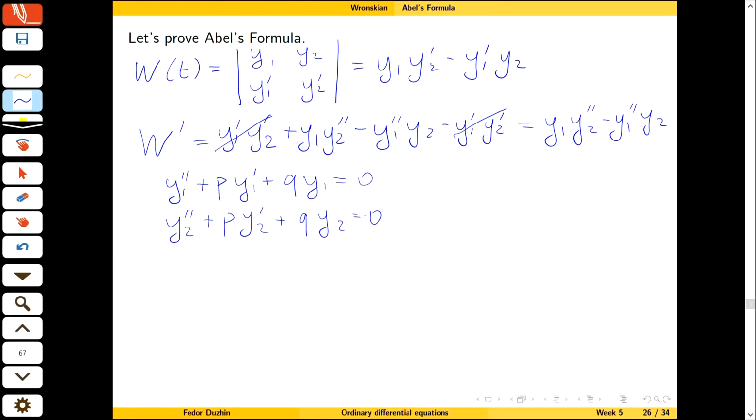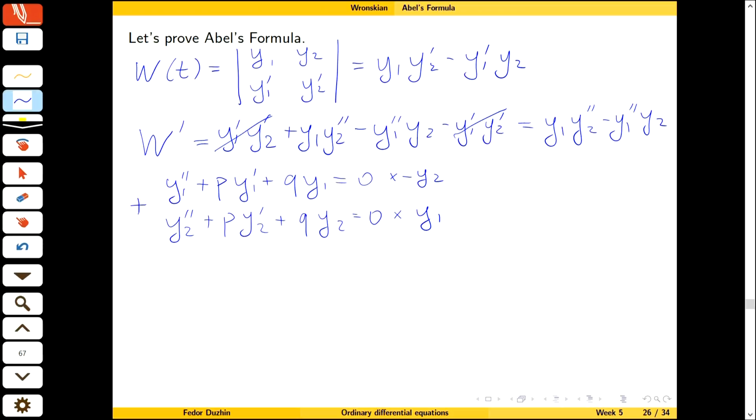Alright, and now we are going to apply a very clever trick. In order to eliminate the q terms from these two equations, we are going to multiply the first differential equation by negative y2, and the second differential equation by y1, and then add them together.